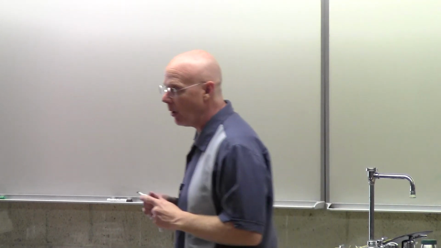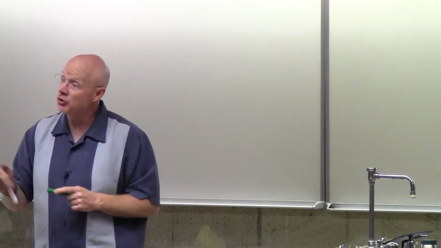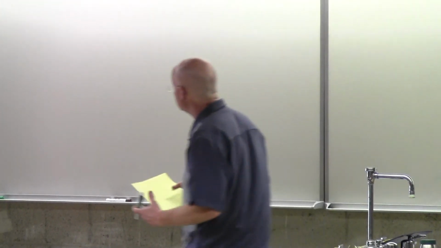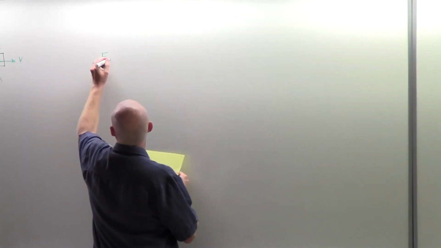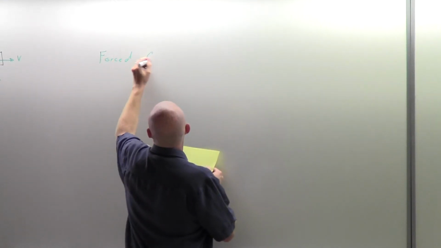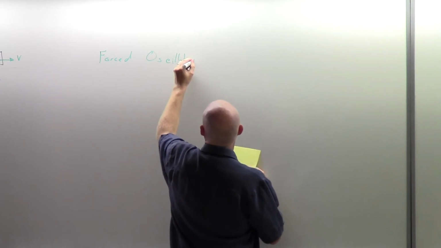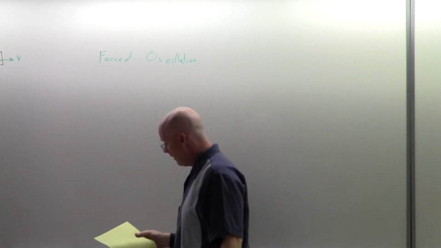And so there's something working on the outside, something trying to push it. And so, as you might guess, this would be forced oscillations. You come along and you say, all right, let's put a force on it.